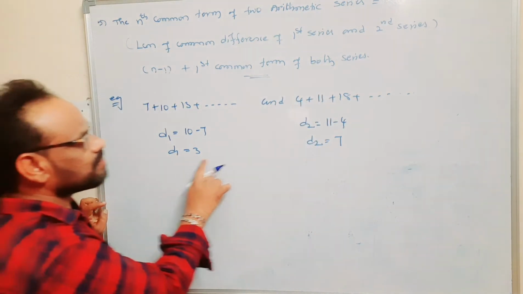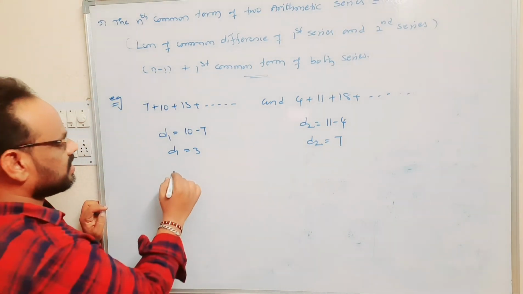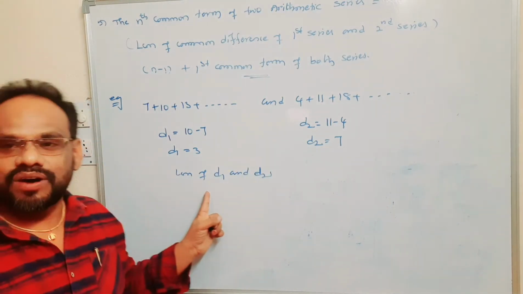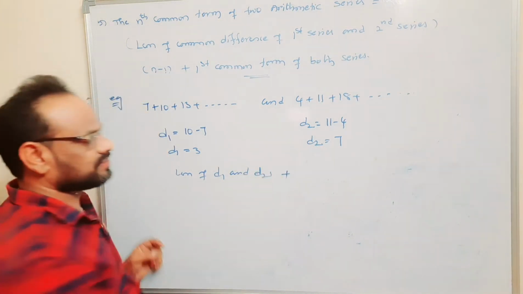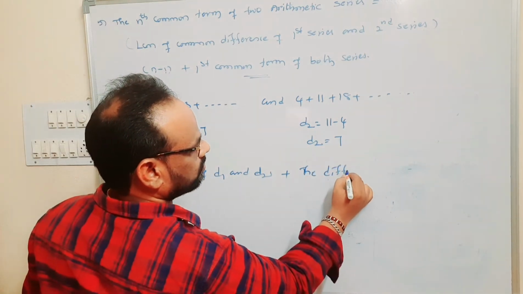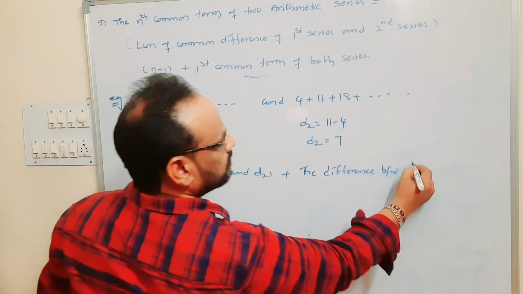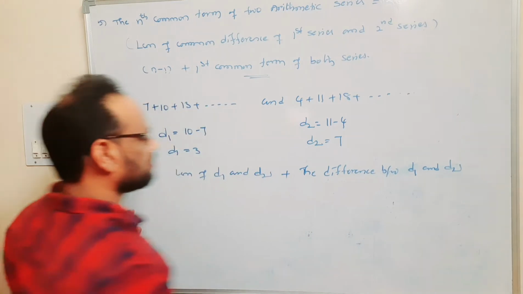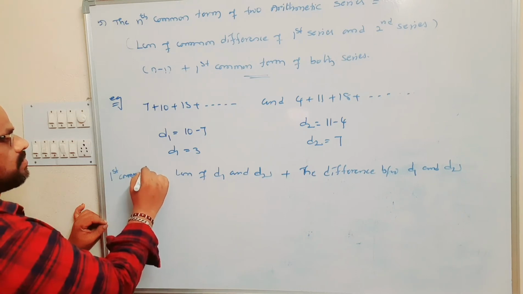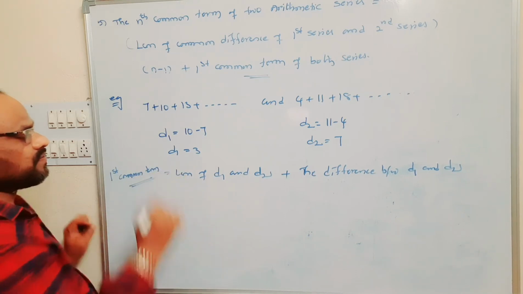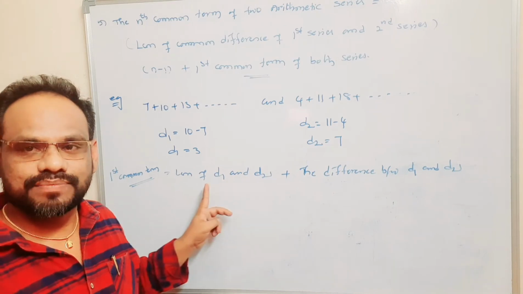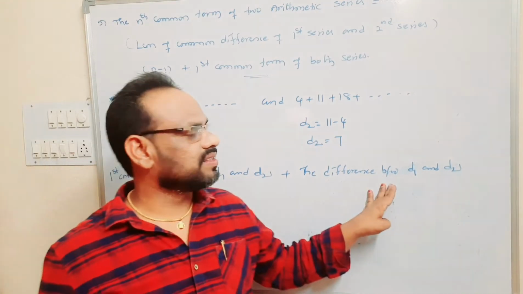It is the LCM of d1 and d2 plus the difference between d1 and d2.